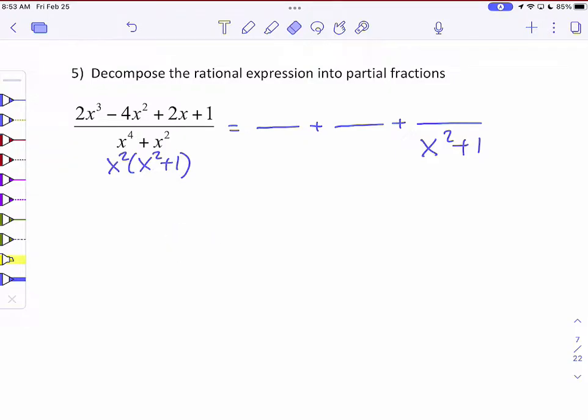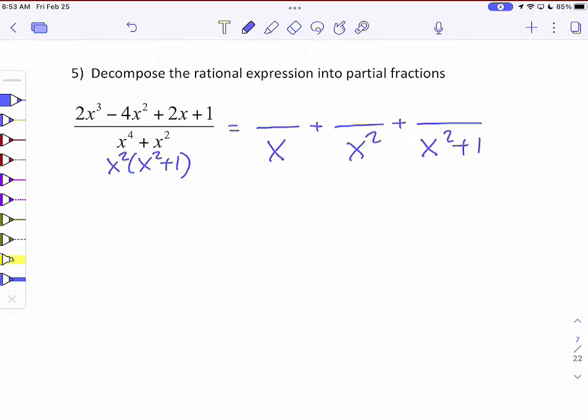This one is kind of disguised. Like if I had x plus 1 squared, you would say that's a linear and it's repeated. Well, that is like x plus 0 squared. So it's x and x squared. And you just do that every time there's an x to a power. You gotta do each power of that x.